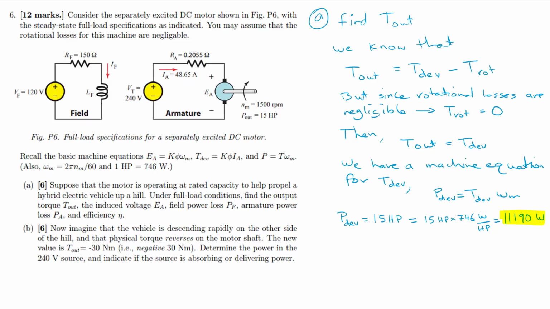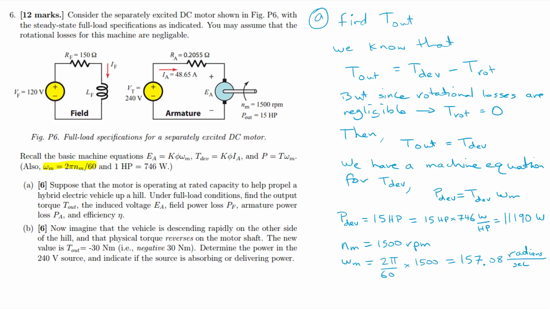So then what else do we need to be able to calculate the torque? We need the rotational speed. And we have been given that the motor operates at 1500 RPM, and then we have to convert that into radian frequency. So how we do that, we can use this relationship.